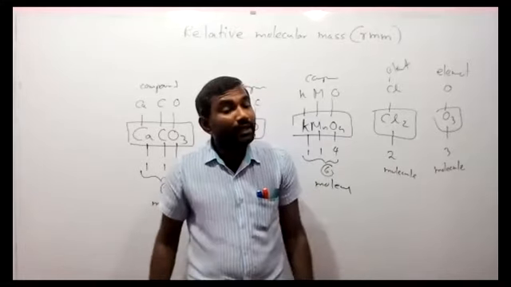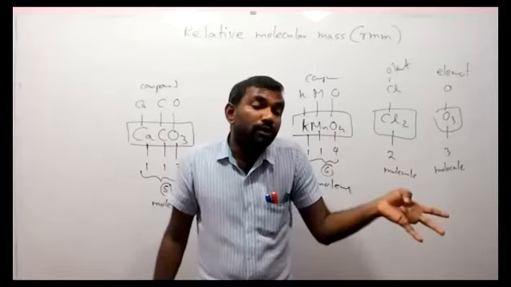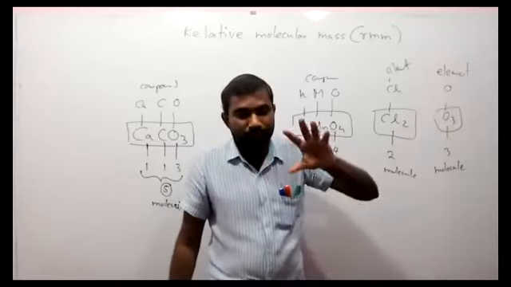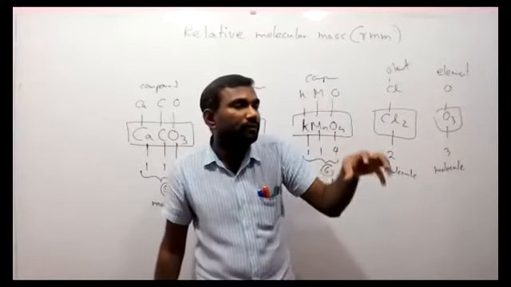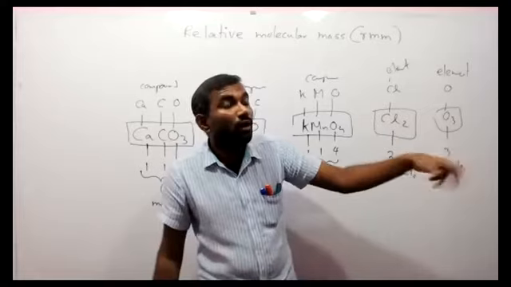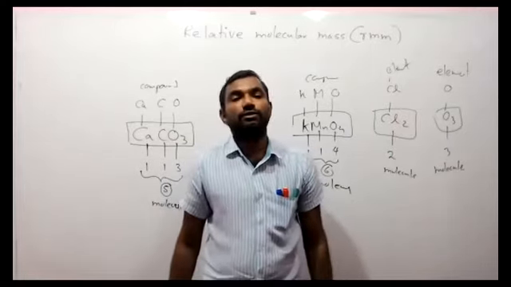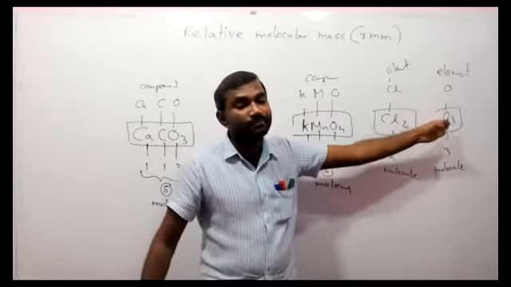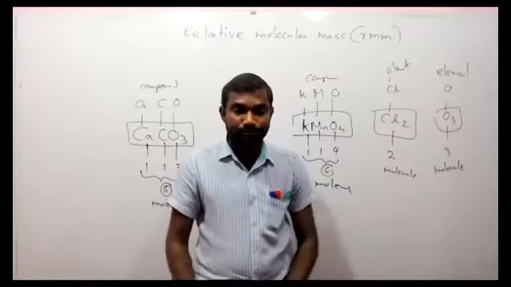If you say the ratio between the mass of one molecule of a compound and 1/12 the mass of an atom of carbon-12 isotope is relative molecular mass, then what about these? These are also molecules, but they are elements.